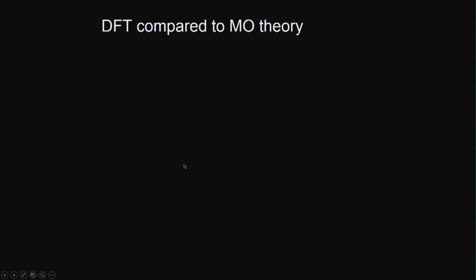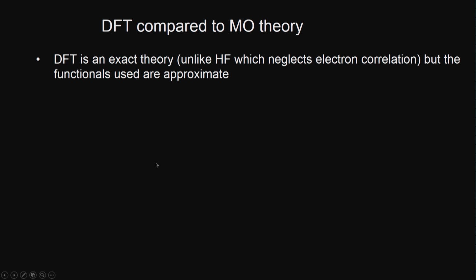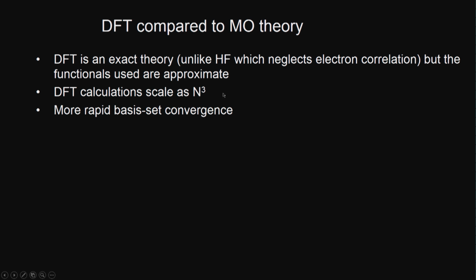Okay. So how does DFT compare to MO? Now DFT is an exact theory, unlike Hartree-Fock, which neglects electron correlation, but the functionals used are approximate. DFT calculations scale as n power 3, ab initio as n power 4, whereas semi-empirical calculations scale as n power 2. It has more rapid basis set convergence and is much better for transition metal complexes.